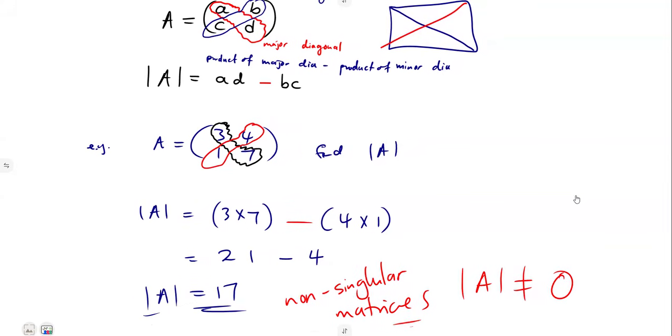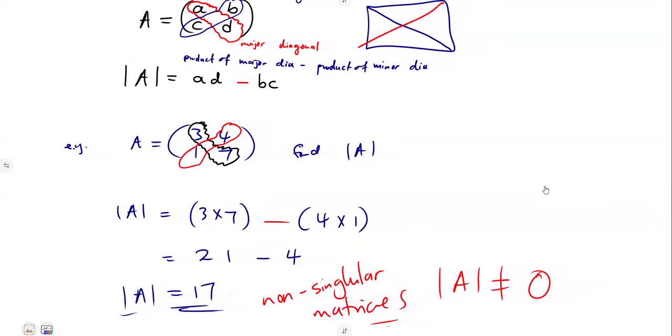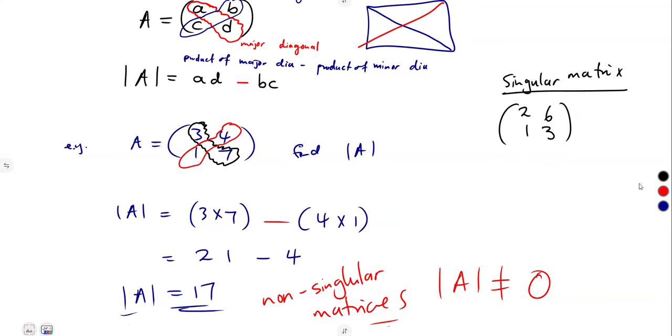When the determinant is not equal to 0, those are non-singular. We have a condition when it is a singular matrix. A singular matrix is one whose determinant is going to give us 0. When that happens, it is a singular matrix.